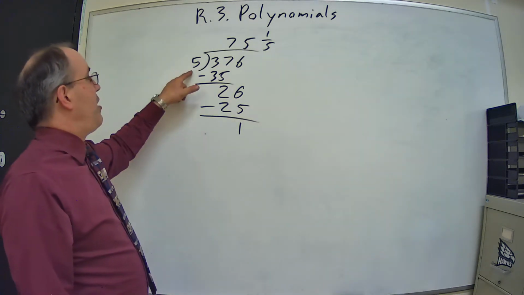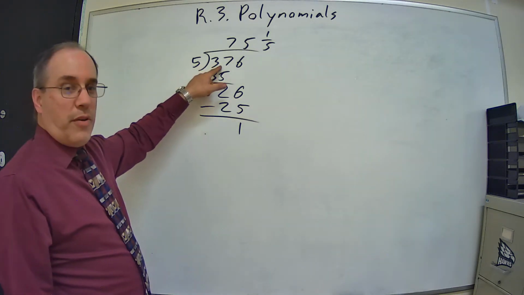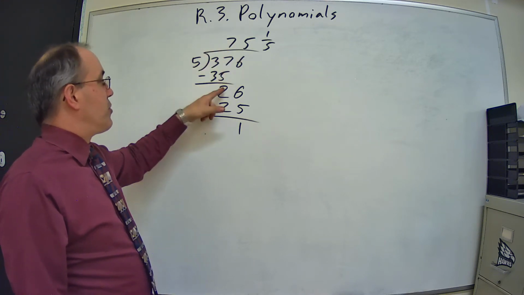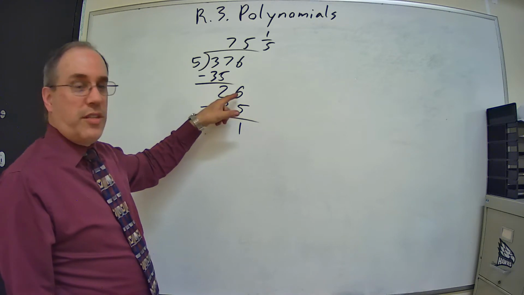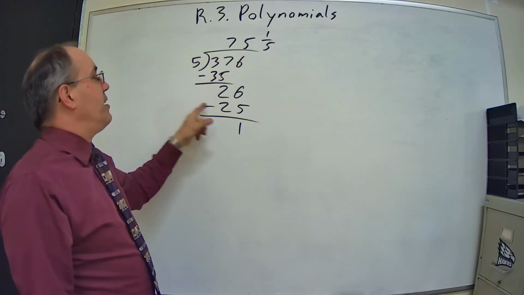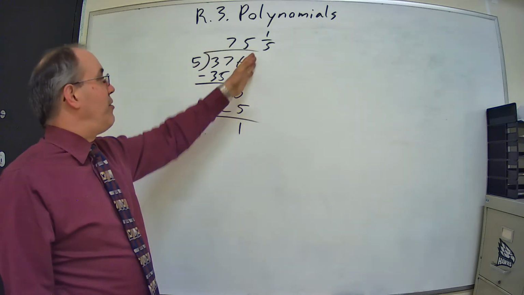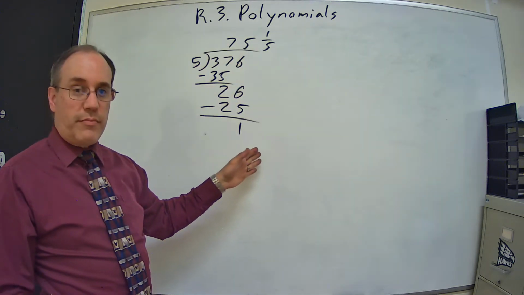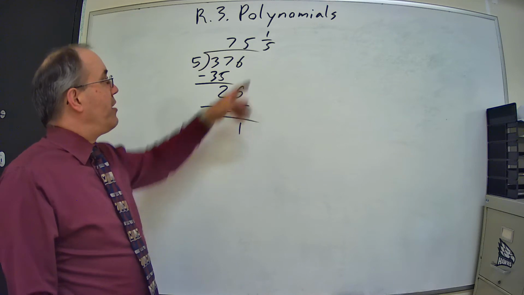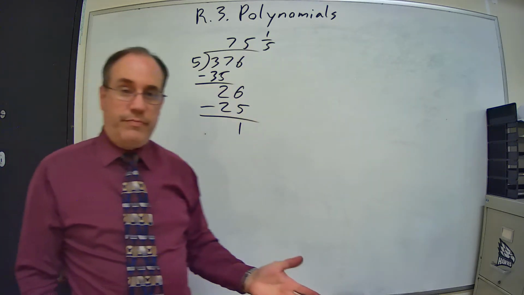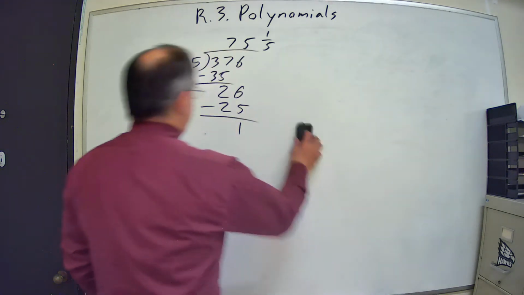We're going to see how many times this goes into the first part of this, put that up here, multiply, subtract, see how many times it goes into the next part, multiply, subtract, see how many times it goes in the next part, etc., until we run out of things to drop down. And then whatever our remainder is, we're going to put it over the divisor. So there's our process.